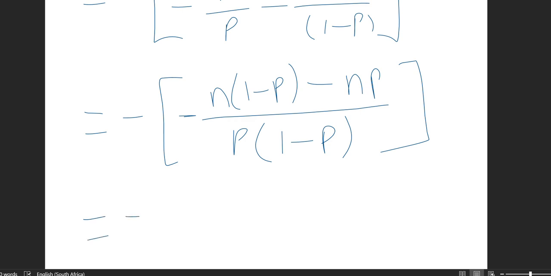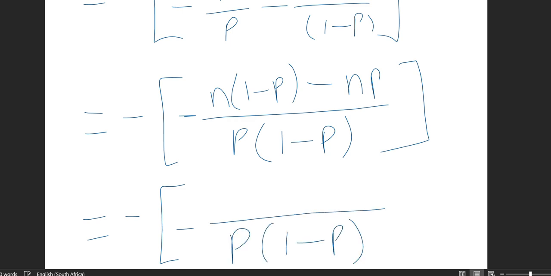Now this will be negative into negative, so negative and negative will cancel each other. p into 1 minus p, we'll have n minus np minus np. No, I think there's a mistake I made here.